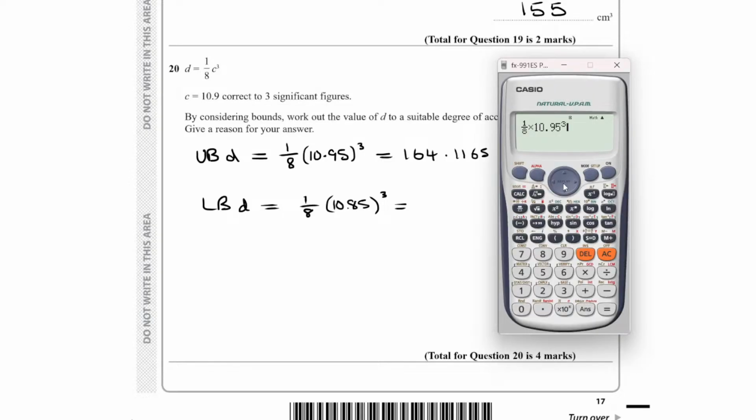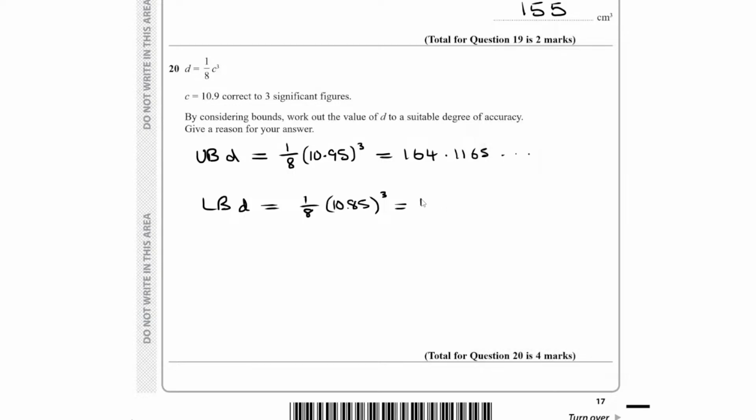I'm just going to go back and change that for an 8. So you see 159.6611. So you've got that. This would give you 3 marks so far.